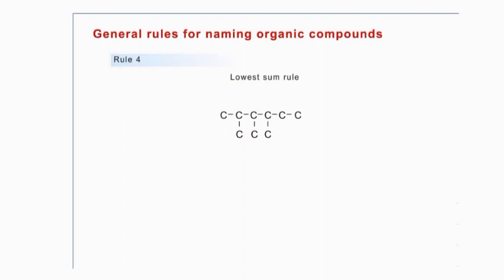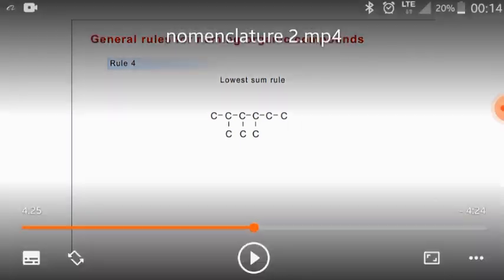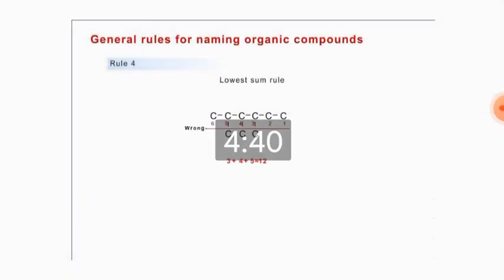Here you could see a carbon skeleton, and on the upper side there are 1, 2, 3, 4, 5, 6 carbon atoms, and on that carbon chain where 6 carbon atoms are present, 3 substituents are there. These carbon atoms you can number either from the left hand side or from the right hand side. So which one is correct? Let's see that.